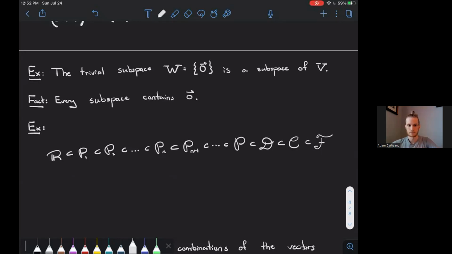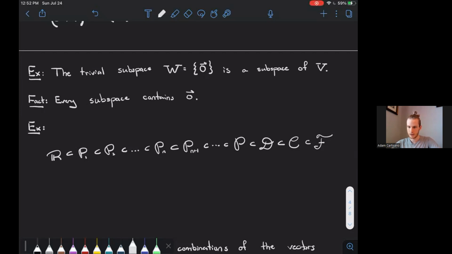But that's the same as saying that every subspace of Rn contains the origin, right? We already knew that. And it turns out that property of subspaces is preserved, even generalizing vector spaces to super arbitrary. Okay, let's look at this gnarly chain now of subspaces.